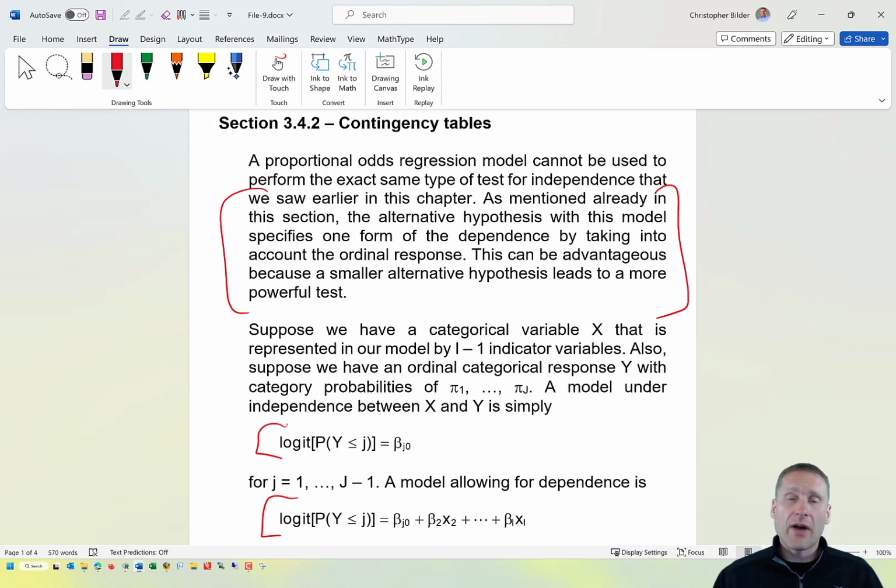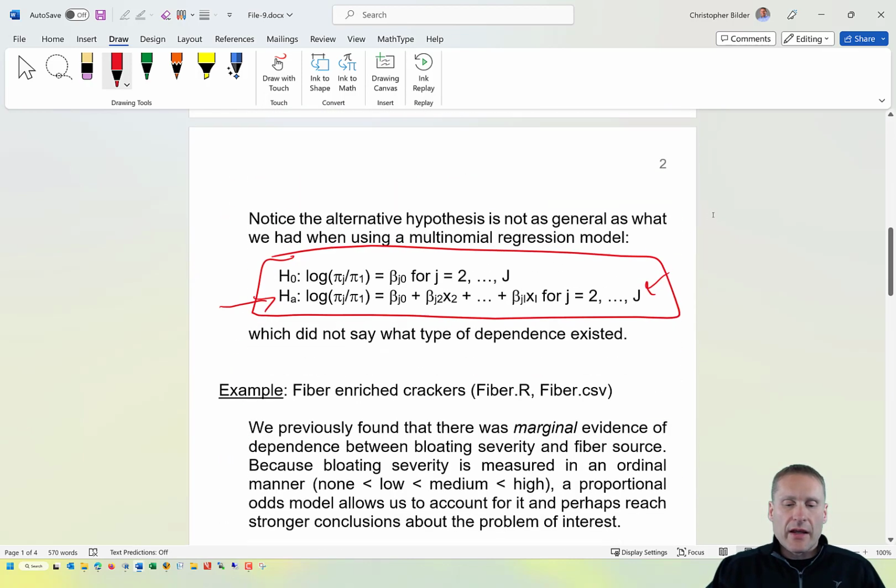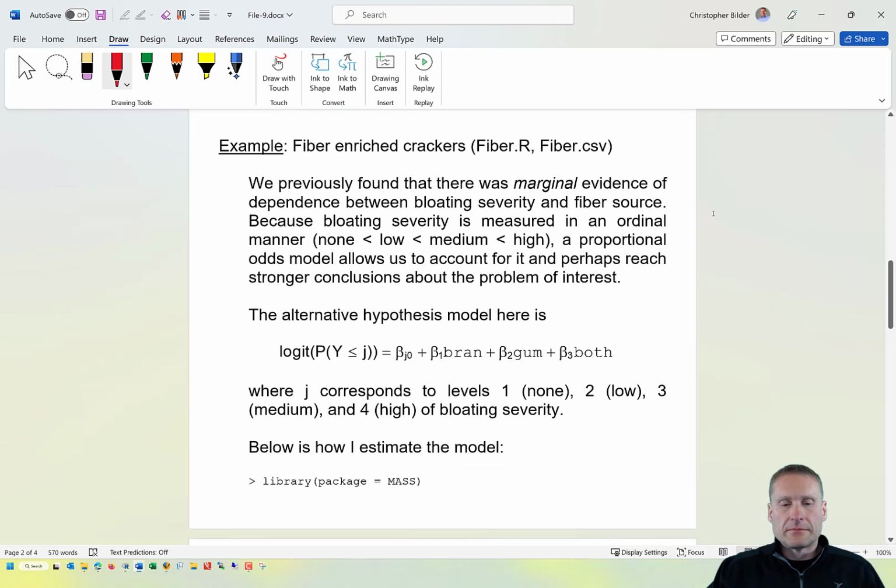You'll have higher power with the proportional odds regression model than with the multinomial regression model, as long as the constraints from the alternative hypothesis model for the proportional odds are actually holding true. We'll see that shortly.